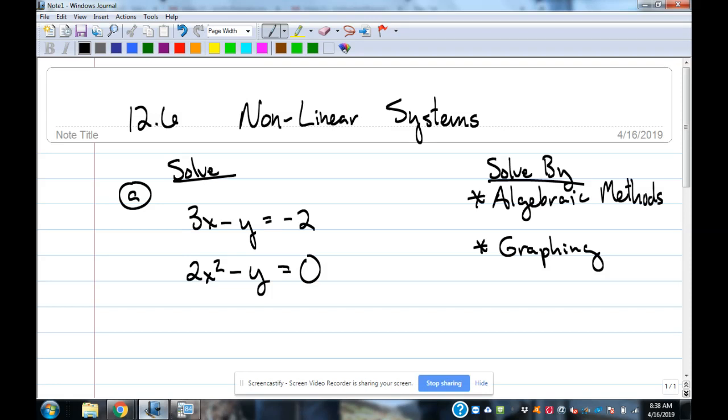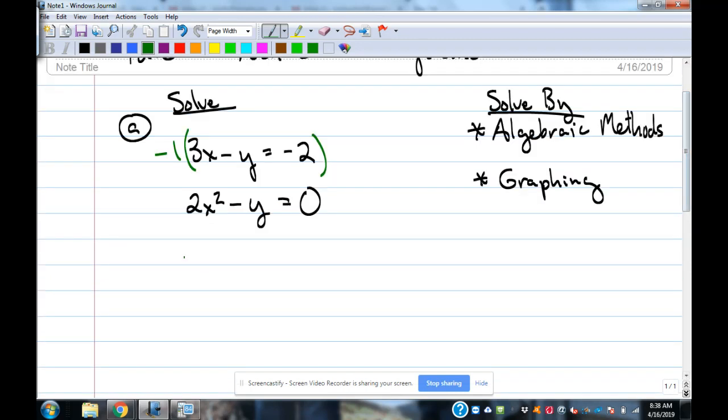I don't have opposites, so I need to get opposites out of that. So I'm going to take the first equation and just multiply it by -1. And that'll give me -3x plus y is equal to +2. And the second equation, I'm just going to copy it down. 2x squared minus y equals 0.